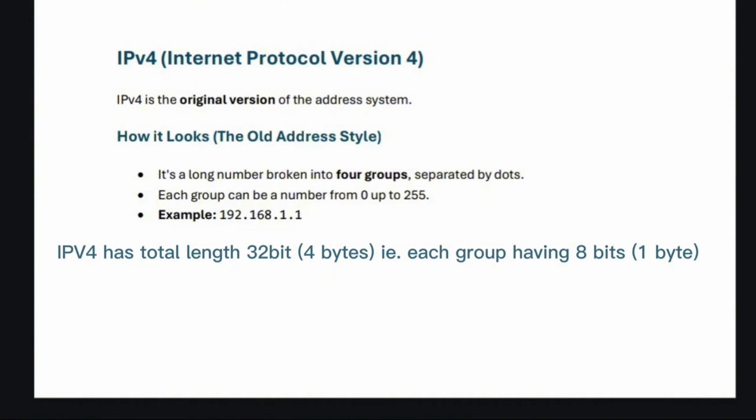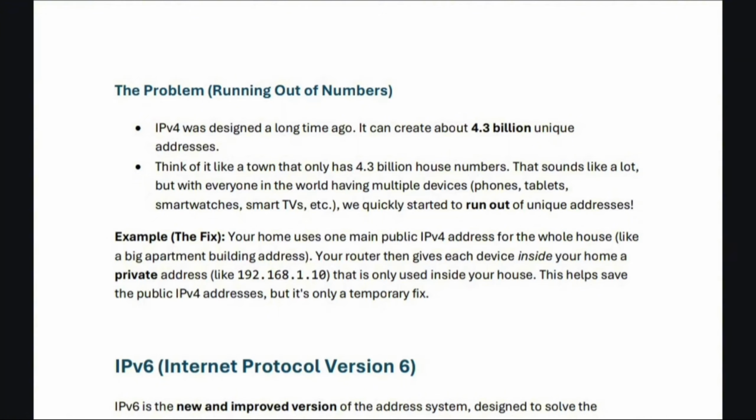It was designed a long time ago, and it can create about 4.3 billion unique addresses. We can think of it like a town that has 4.3 billion house numbers, but with everyone in the world having multiple devices, phones, tablets and more, we would be running out of unique addresses.